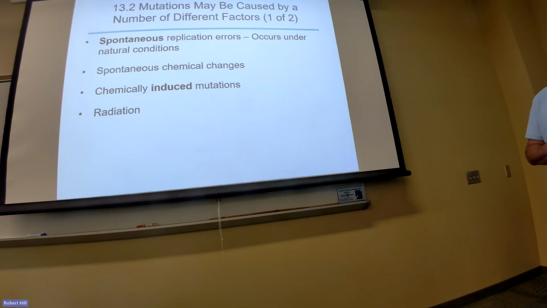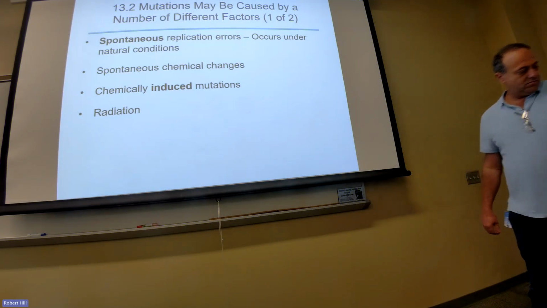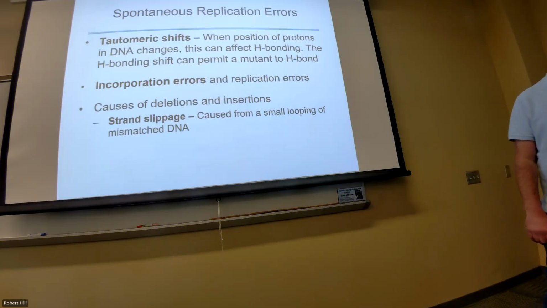We would consider that a type of spontaneous mutation, right? And also mutations can be induced, whether by an environmental toxin or a toxin that's produced in the cell, and then radiation as well. All these things can induce mutation.